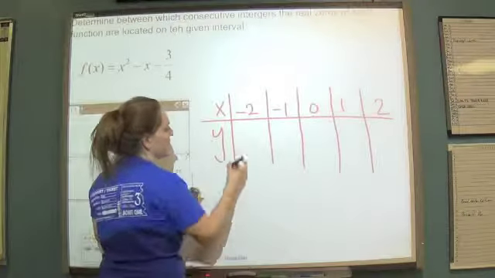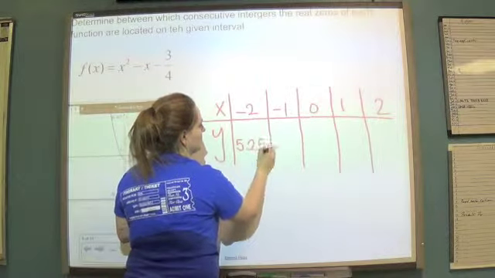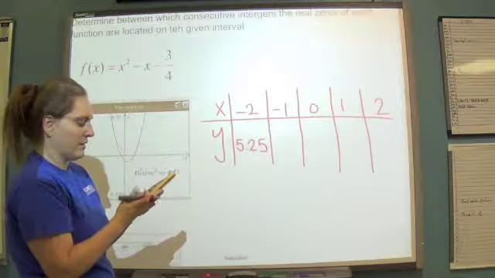And we get 5.25. Now we're going to plug -1 in. -1 for x.